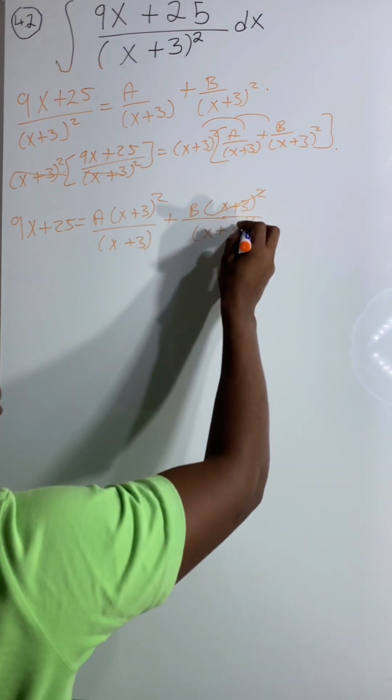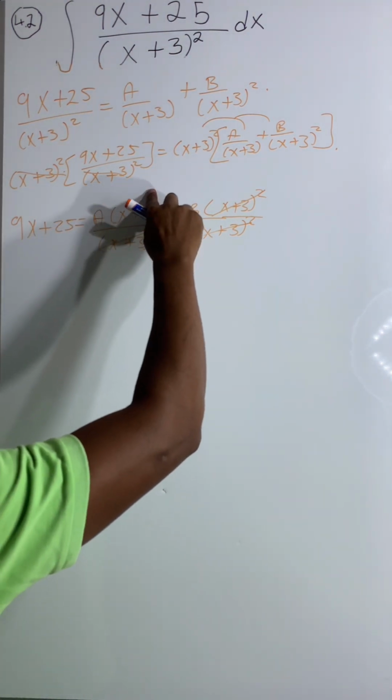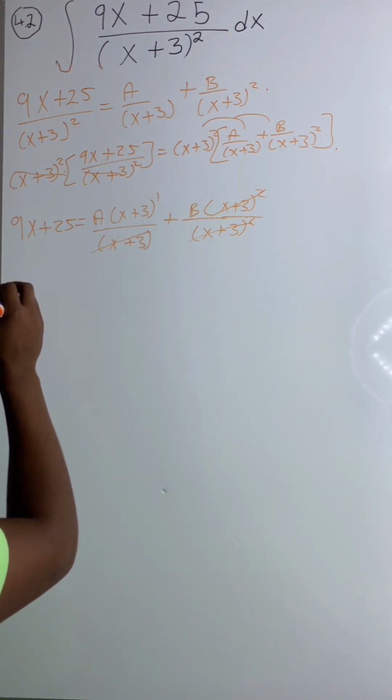That x plus 3 squared will cancel that x plus 3 squared, and one of the x plus 3 squared will be cancelled by that x plus 3 squared in the numerator, in the denominator.